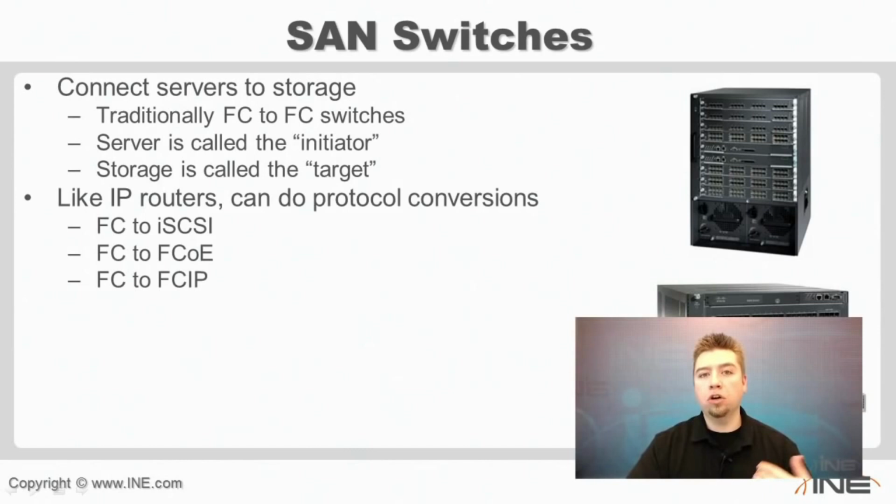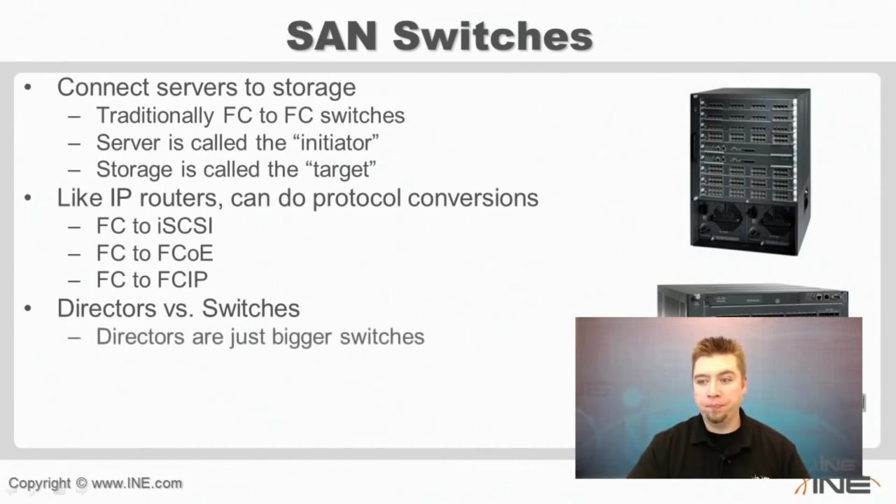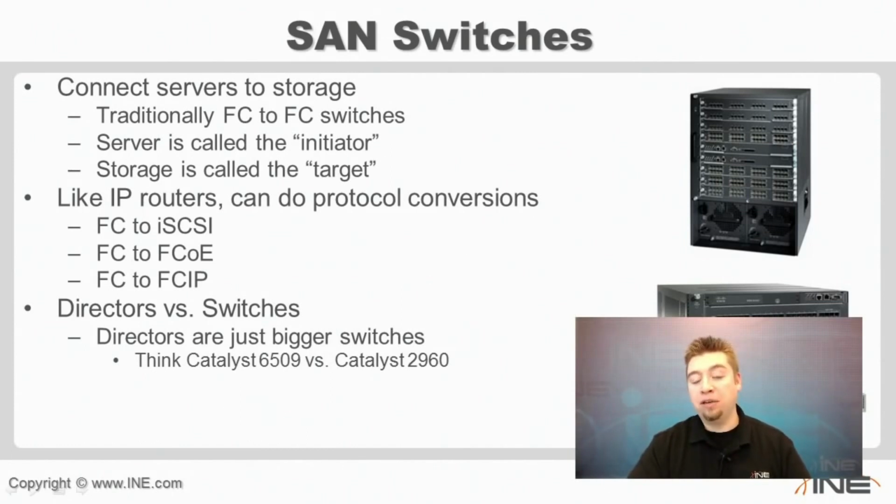Now you'll also see the term thrown around here with some of the SAN switches of directors versus switches. Now the only thing that the director means, or the term director, is basically just a big switch. So think of a Catalyst 6509 versus a 2960. So the main difference is that 6509, not only is it faster, but it has higher port density because we have line cards of 48 port GigE or more than that.